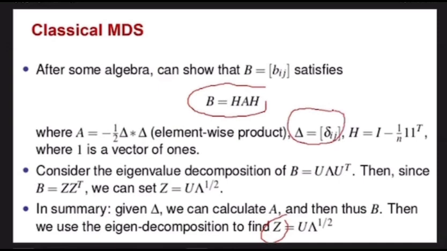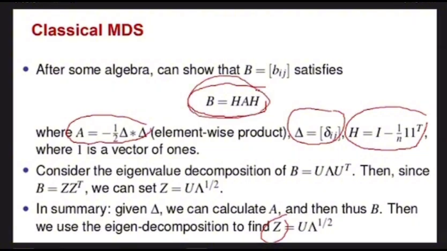Now, if I have that, I will be able to obtain a matrix A. And the moment I obtain matrix A, if you take a look at this guy, that H is centering, which is identity minus identity multiplied by identity transpose divided by n. This is more or less like I'm centering. Now if I know my H and my data, I will be able to get A. And the moment I get A, I will be able to get B. You can see B is H multiplied by A H.